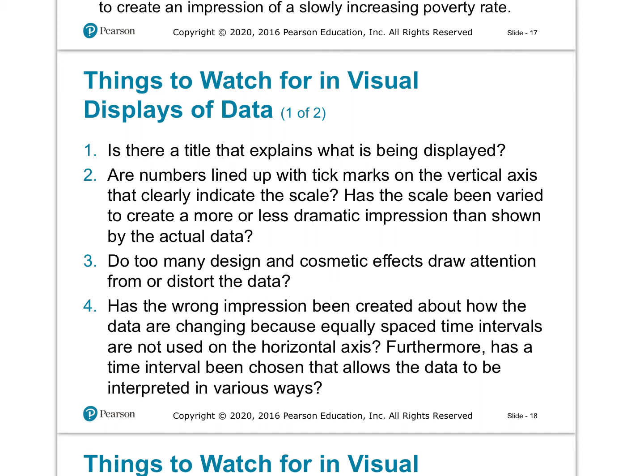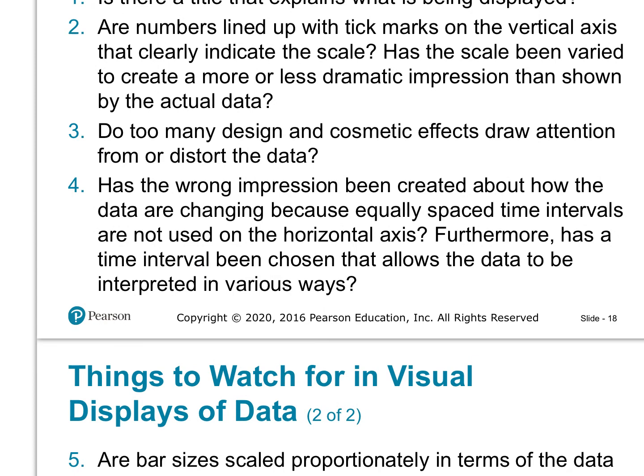So is it too colorful, too many images, and stuff like that? How has the wrong impression been created about how the data are changing because equally spaced time intervals are not used on the horizontal axis? Furthermore, has a time interval been chosen that allows the data to be interpreted in various ways?